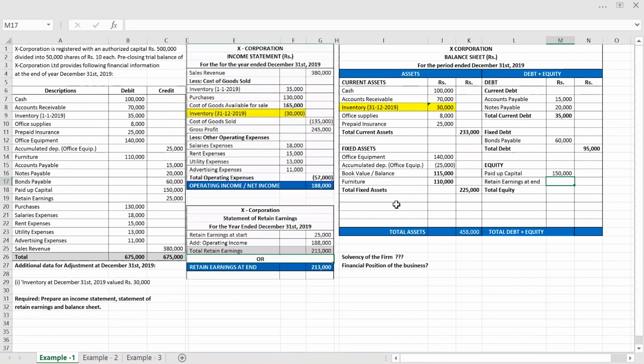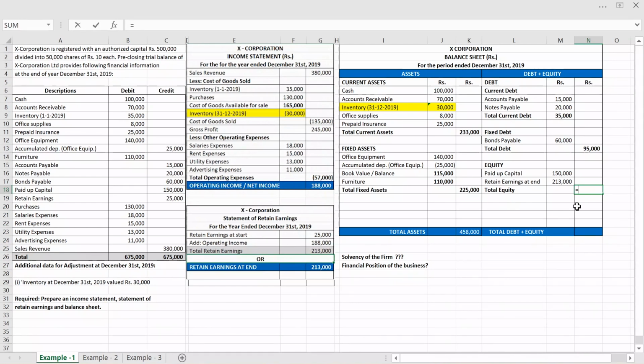Paid up capital is, you may also say, the share capital or stock. After writing the paid up capital, now we have to write the retained earnings at end, which we can take from the statement of retained earnings. You can see here the ending balance. I am just copying from here.